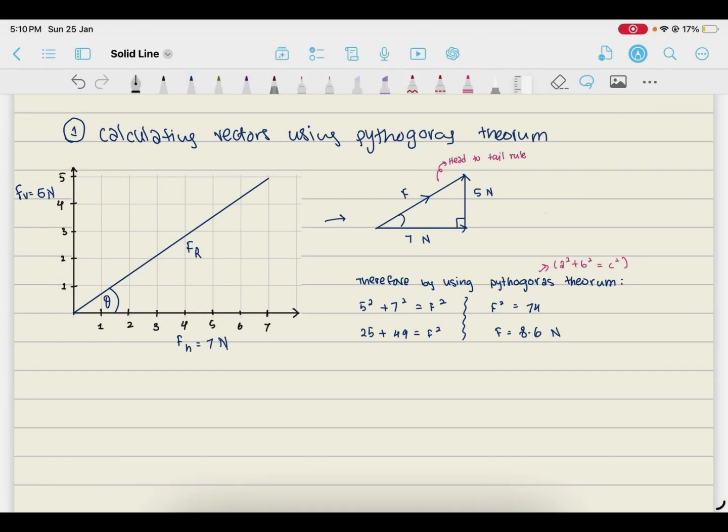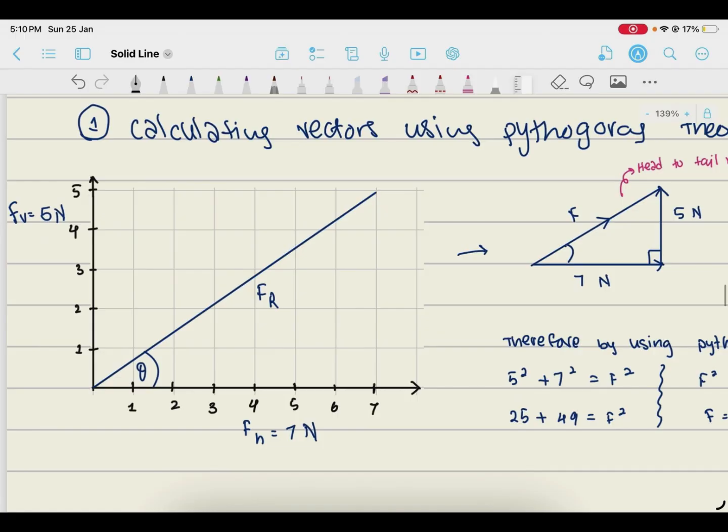As you can see here, this is our graph, right? This is the vector we have. And we can take its vertical and horizontal components. This will be the vertical component, and this would be the horizontal component. And this would be the direction.